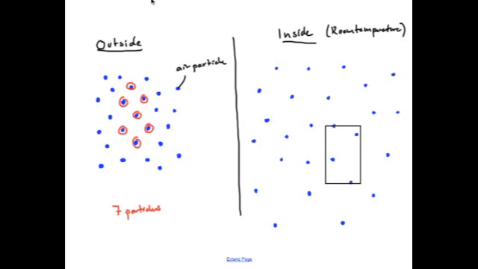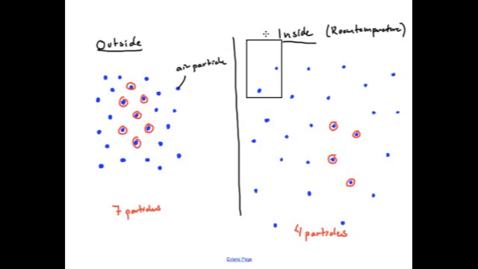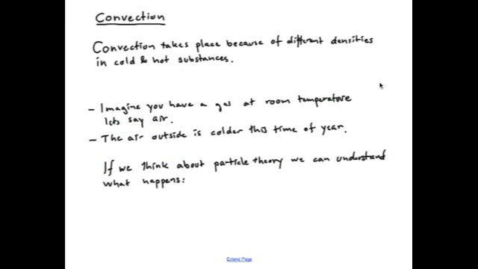The volume is the same, right? So per volume there are more particles outside, because particles outside are closer together.